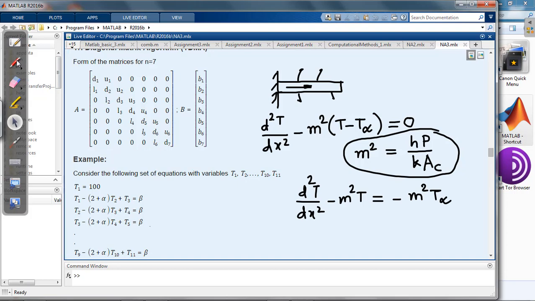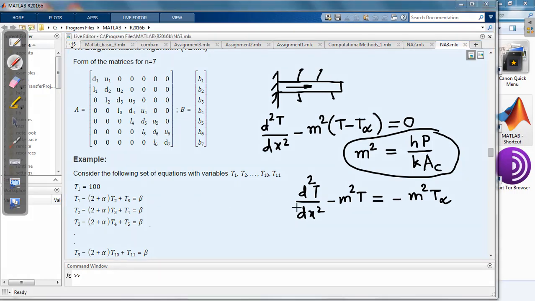If we divide the whole length of the fin into a total of 11 grid points, this is grid point 1, grid point 2, grid point 3, like that, and finally at this end it is grid point 11. From 2 to 10 these are intermediate grid points.